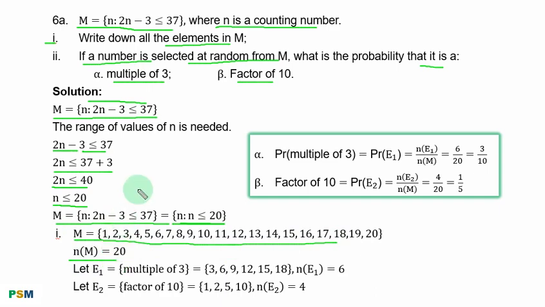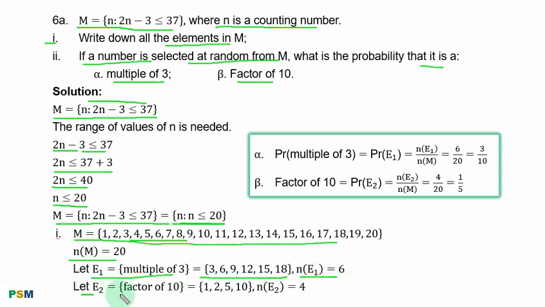We need to define 2 events, multiple of 3, factor of 10. So let E1 be the event multiple of 3. You write out all the numbers that 3 can divide. They are the multiples of 3. They are 6 in number.